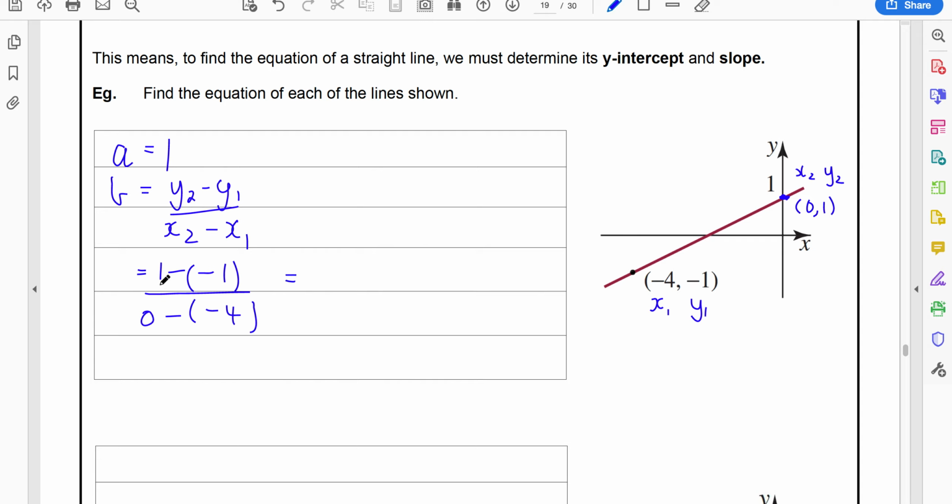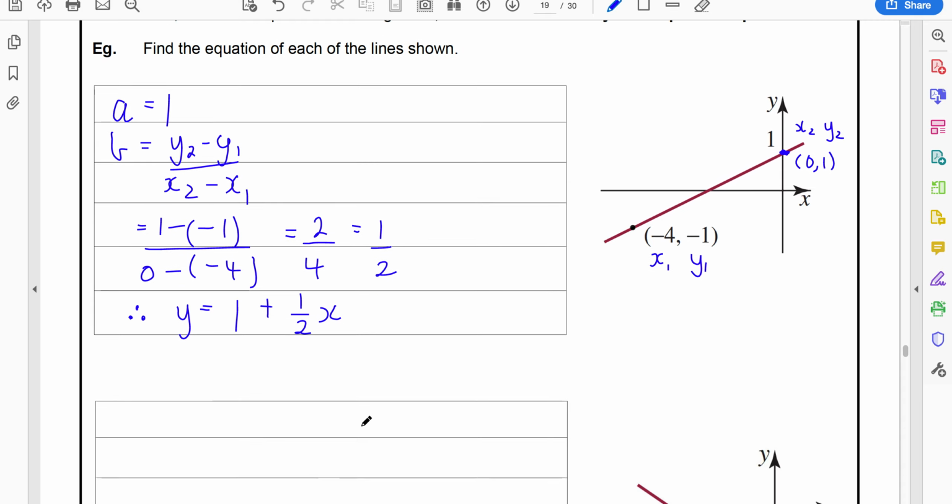So this comes out as 1 plus 1, and this comes out as 0 plus 4. And that simplifies to a half. So what that means is I've got my a value of 1 and my b value of a half. Therefore, I write my a first, and then my b value, which of course is being multiplied by x. So my equation of this line would be y equals 1 plus a half of x, or 1 on 2x.